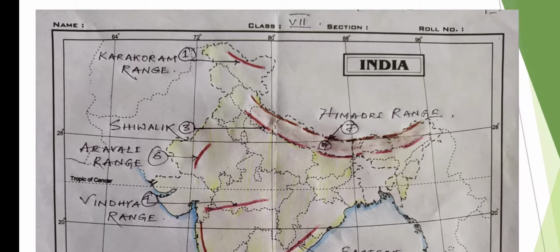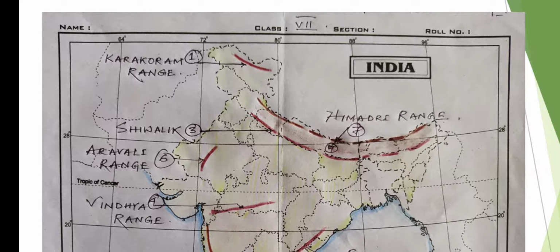First of all, number 1. The question was to mark the Karakoram range. Here in the northernmost part of India, with the brown line, I have marked the Karakoram range. It is present in Ladakh, which is now a Ladakh district. I marked it number 1 and wrote Karakoram range.